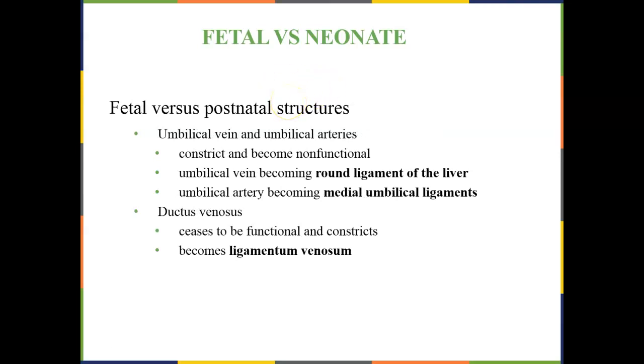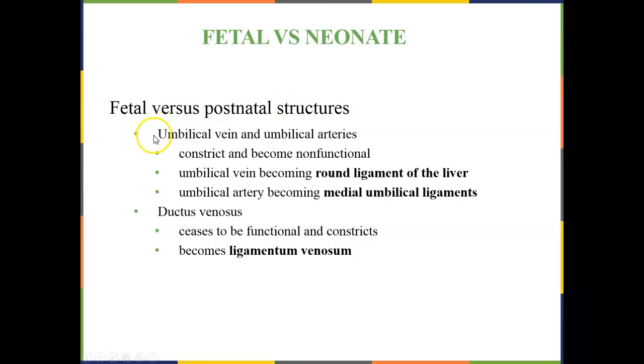The umbilical veins and umbilical arteries become non-functional. The placenta is no longer feeding them. And so these become ligaments that are associated with our liver. The ductus venosus that was transporting blood directly from the umbilical vein to the inferior vena cava becomes the ligamentum venosum, which is also associated with the liver.